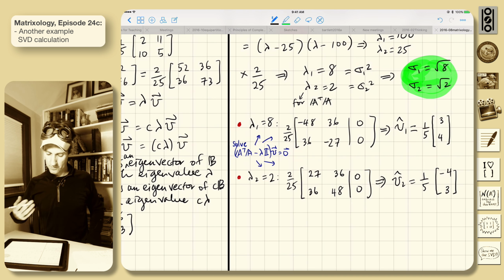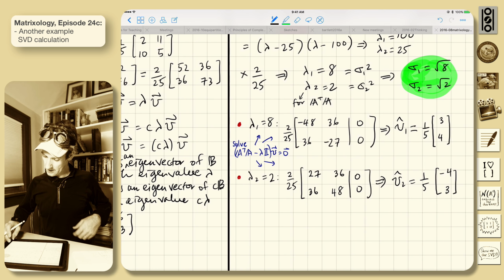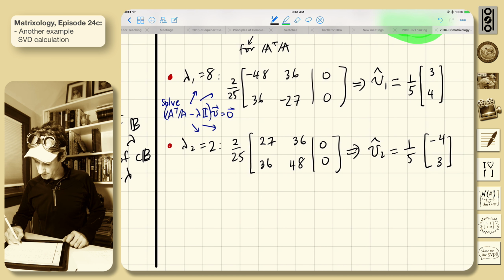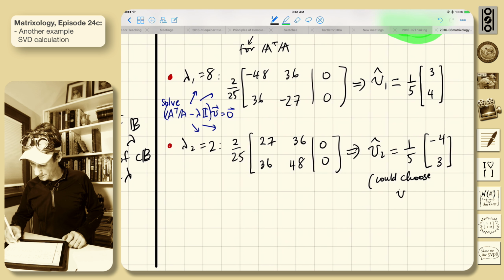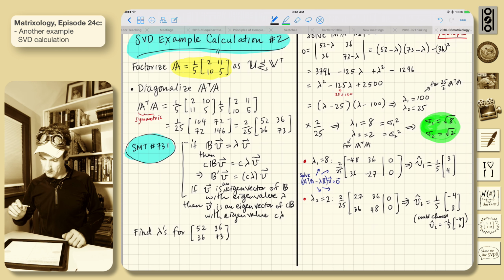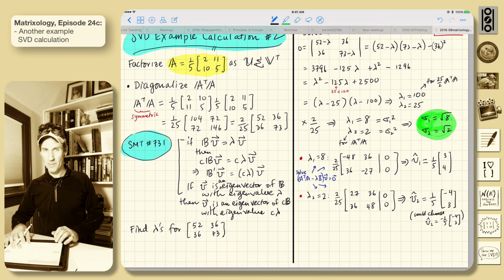But we have a somewhat free choice. Once it's a unit vector we have no flexibility in length, but we could choose the opposite. So this is just a note.